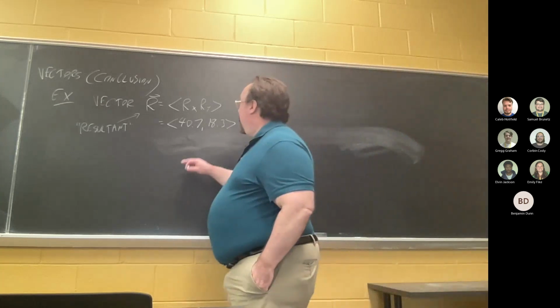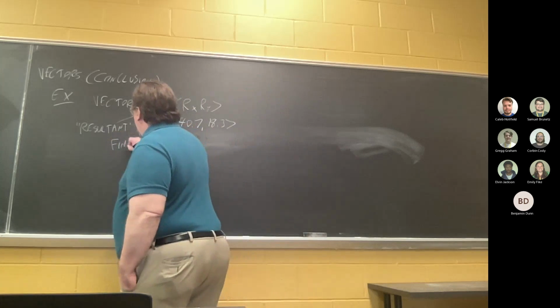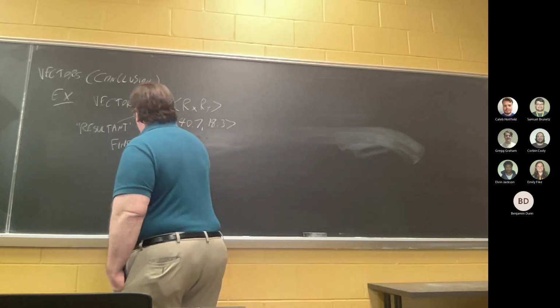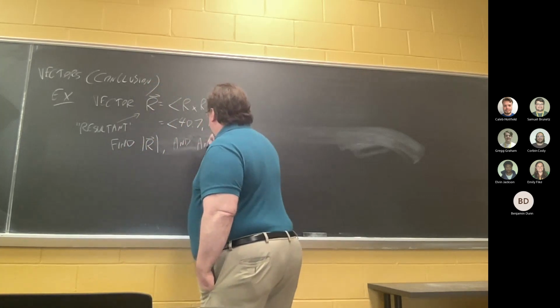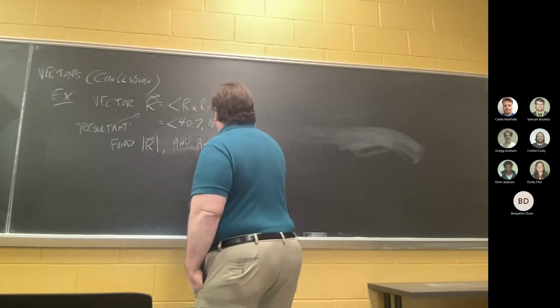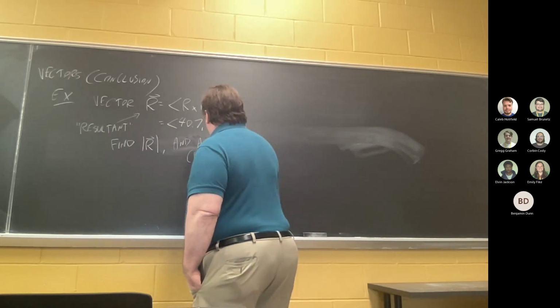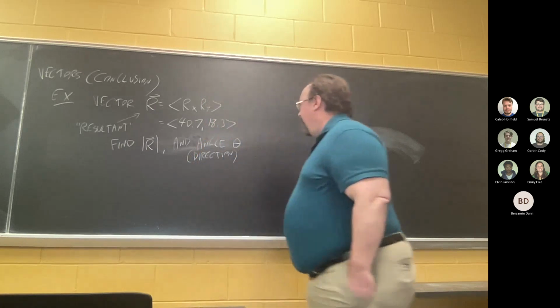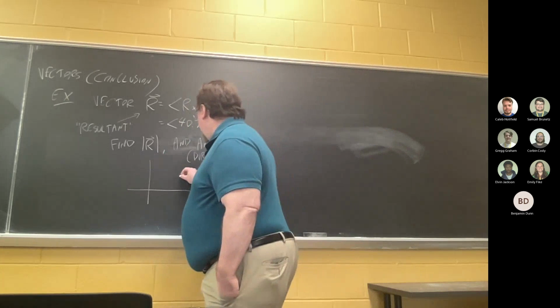Now, what we're supposed to do with this vector is find the magnitude of R and the angle theta, which is also referred to as the direction of a vector. I'll try to draw this to scale as best I can.